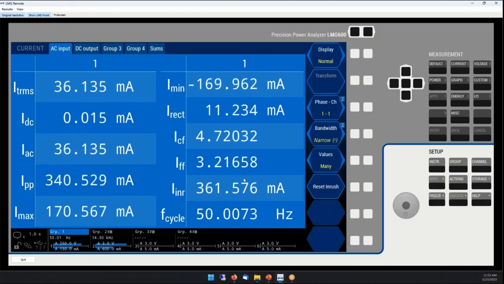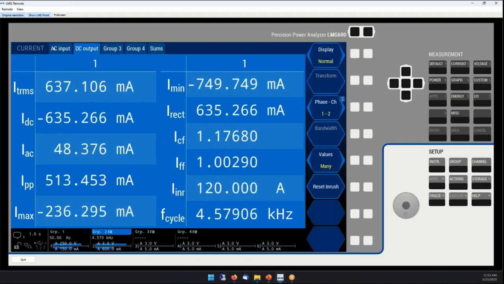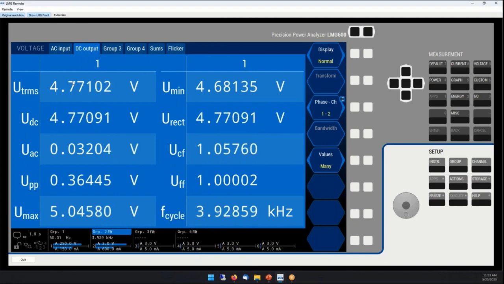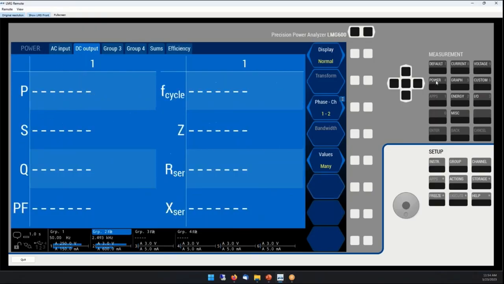And now I have here many more properties of the current. I can do that for all groups, of course, and likewise for the voltage. The most important thing here is, however, to see what is the power on the input and on the output, and compare them, calculate efficiency and losses very easily.